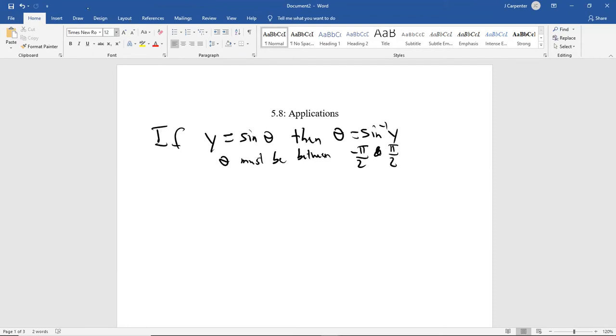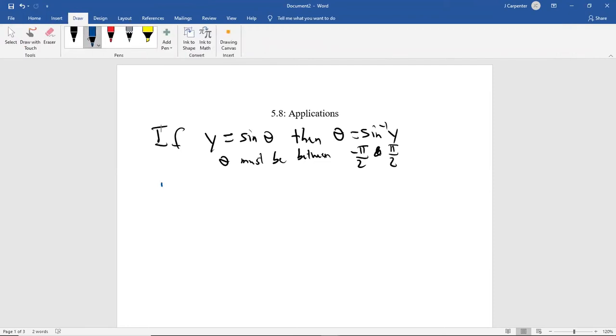Then we said if you have y equals cosine of theta, that means it's the same thing as saying theta equals the inverse cosine of y. But with inverse cosine functions, the theta must be between 0 and pi.